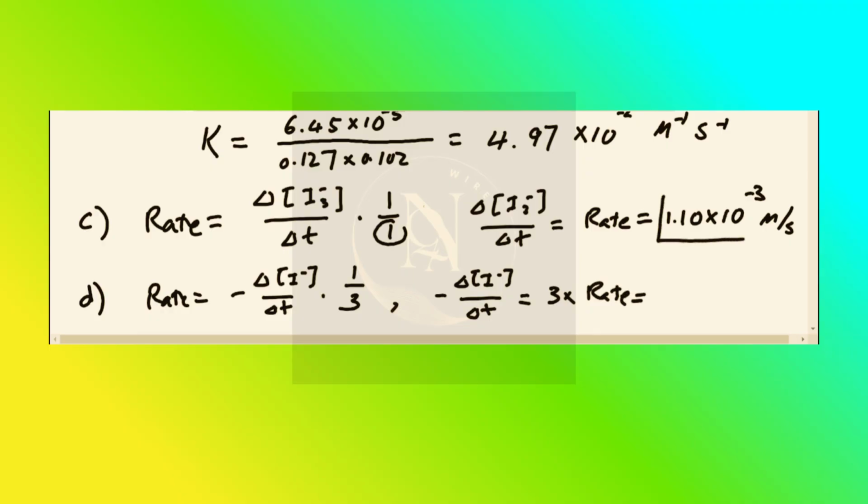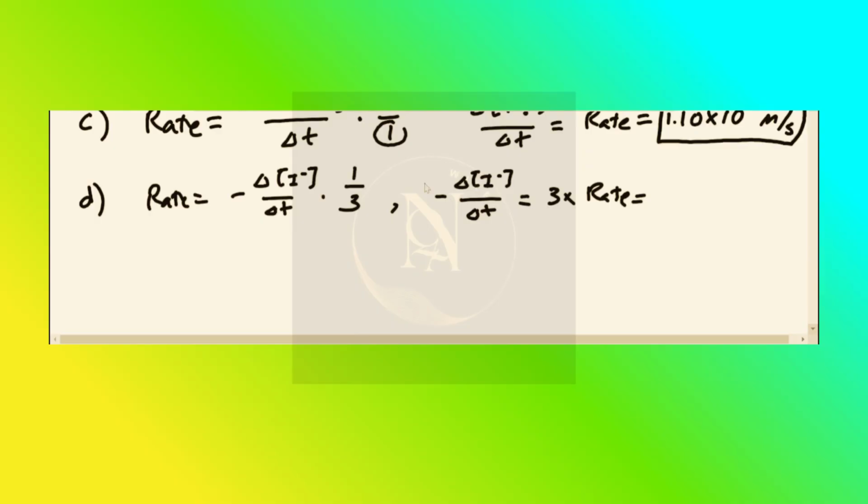I did not include the calculation, but you can calculate the reaction rate using the given concentrations. Remember, the rate equals k, so it will be 4.97 times 10 to the power of -2 times the concentration of both reactants, and both reactants have a concentration of 1.5.